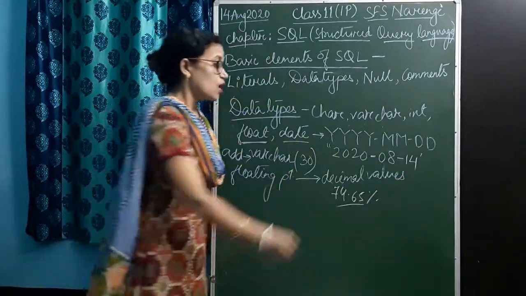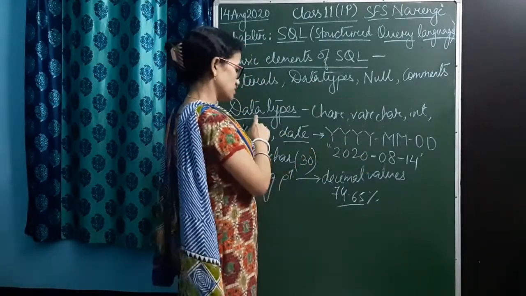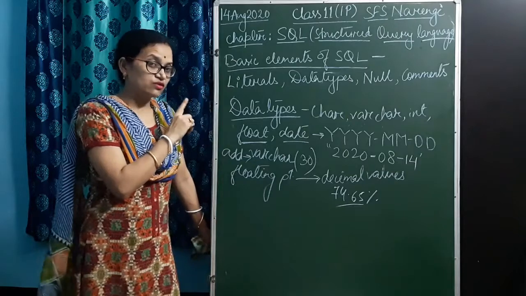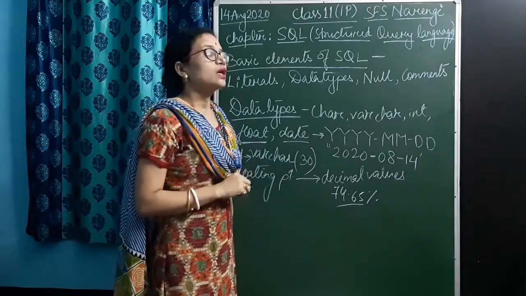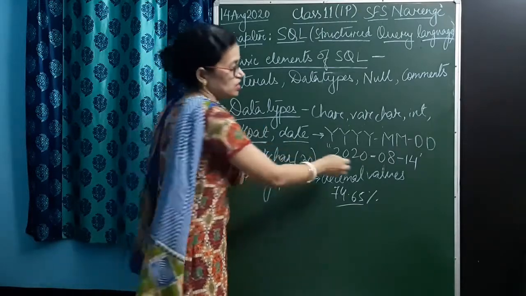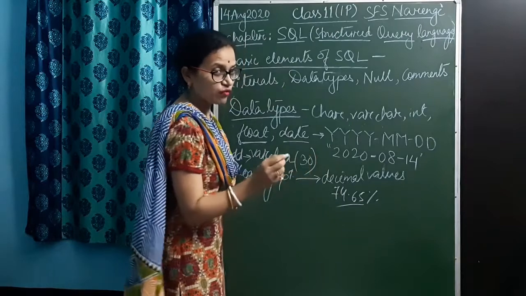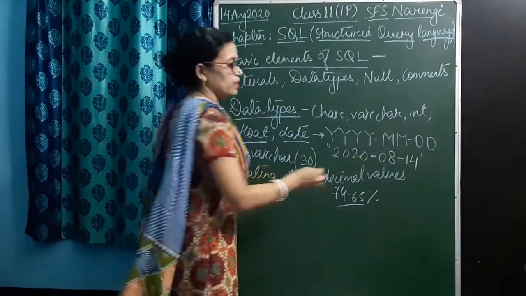Why? Because with numbers, that's what we discussed, when we work with integer values, remember that it will not get enclosed within single or double inverted commas. Now here these are also numbers, integer values, but they get enclosed in single or double inverted commas.